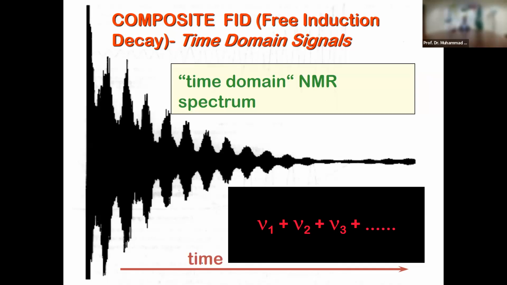About 65% of energy is lost predominantly by the T1 mechanism. So this is the predominant mechanism through which relaxation takes place, called T1, the spin lattice relaxation.